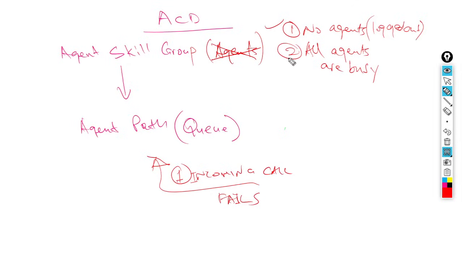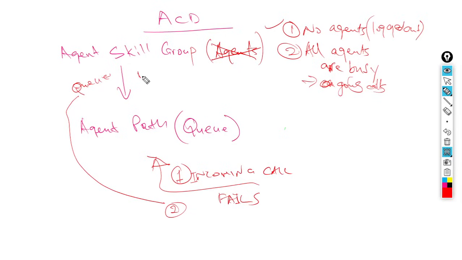But if there are agents who are logged into the queue, but the agents are busy, which means all of them are on ongoing calls, the call is going to queue.